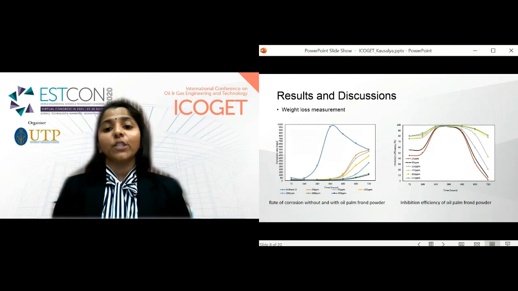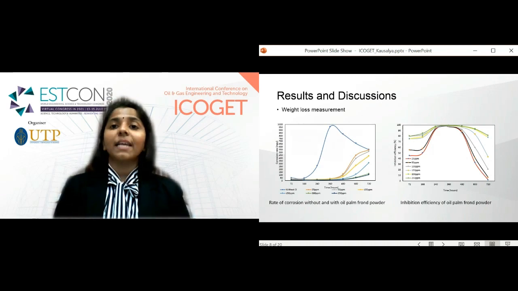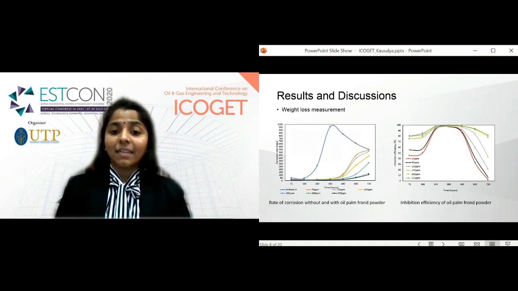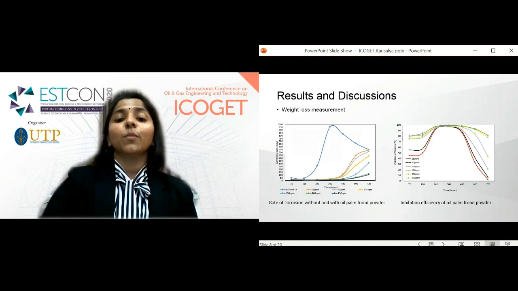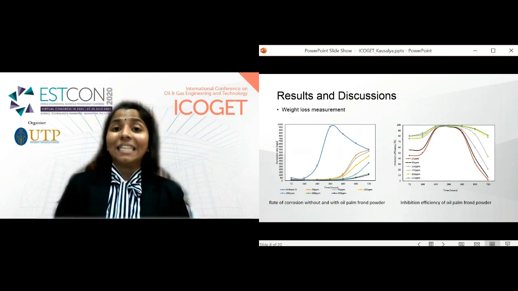This graph over here shows the rate of corrosion with and without the oil palm frond and the inhibition efficiency achieved by the oil palm frond powder. It was apparent that the rate of corrosion increased with time. Regardless, with the presence of oil palm frond powder, the rate of corrosion was observed to decrease with increasing concentration of oil palm frond powder.